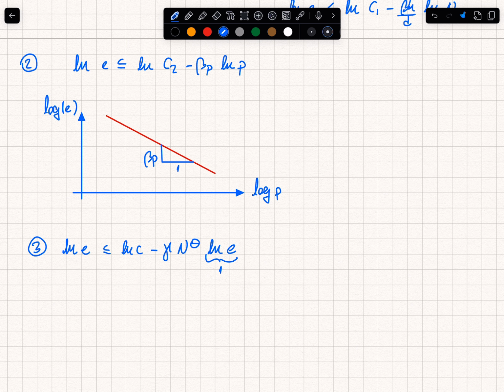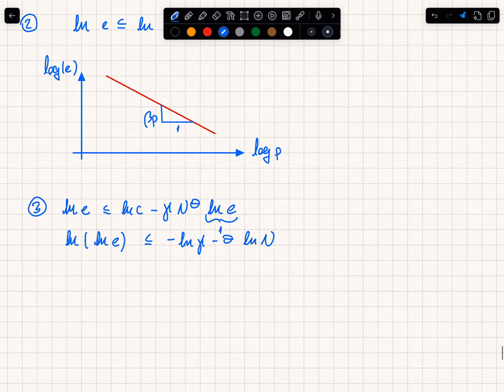And if we take the log of this expression again, right, it is less than or equal to minus log gamma minus theta log n, and this inequality only holds for constant C greater than or equal to 1.